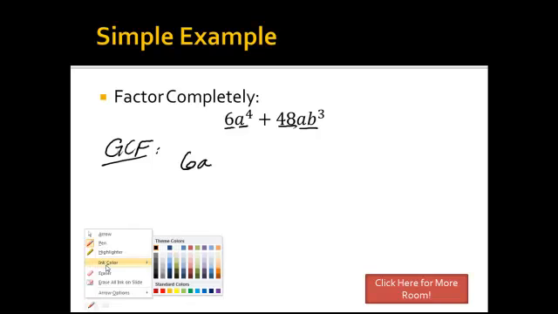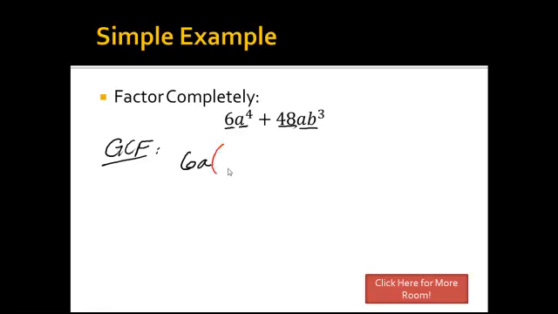After I take that out, what I've got left is a cubed plus, if I take a 6 out of 48, I'm left with 8 b cubed. I see an 8, I see the cubes, and this is a sum. It looks like I'm looking at a sum of cubes.